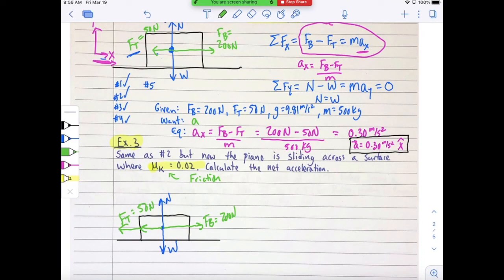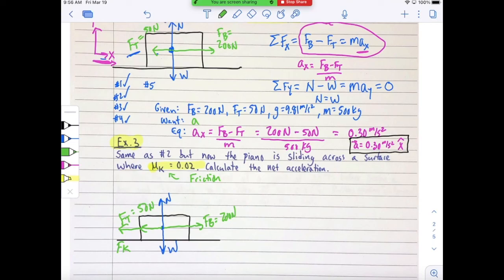I'll put the force of friction, F sub k, going back that way. Sometimes you could put the vector right below the force of Ted vector. It doesn't really matter as long as it's the right length and the right direction. All right, so that's step number 1.